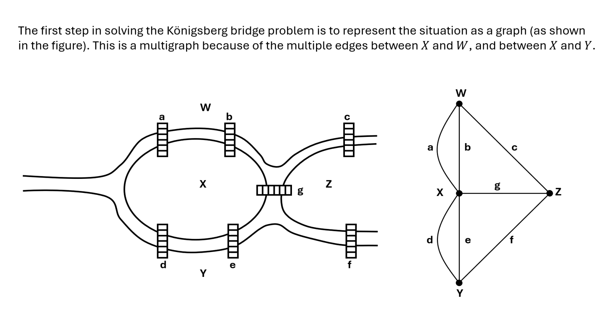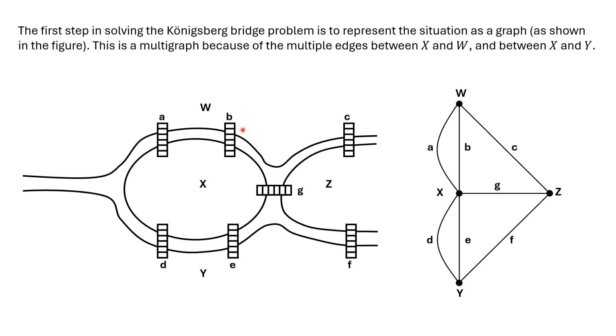So I've copied the bridge configuration from the previous slide here on the left. And then I've mapped it to a graph on the right. So let's just double check that. We have the vertices representing the areas W, X, Y, and Z. And then the bridges are edges.